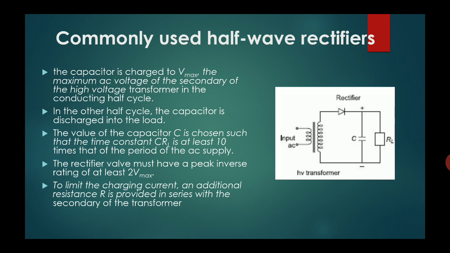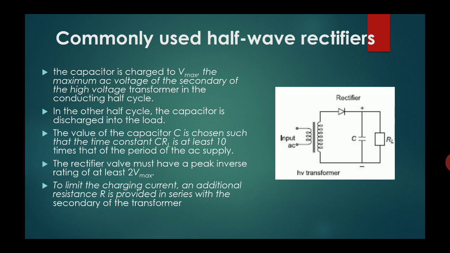So what I told you, the value of the capacitor is chosen such that the time constant, what is the time constant of the capacitor? C into RL. RL is the load and C is the capacitor. It should be less than 10 times the period of the AC supply.